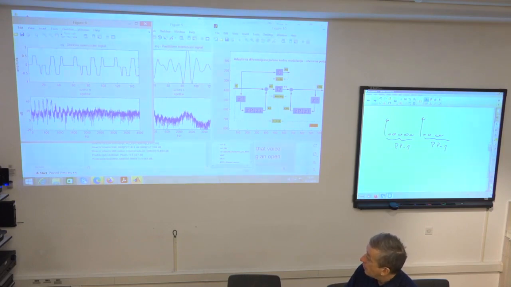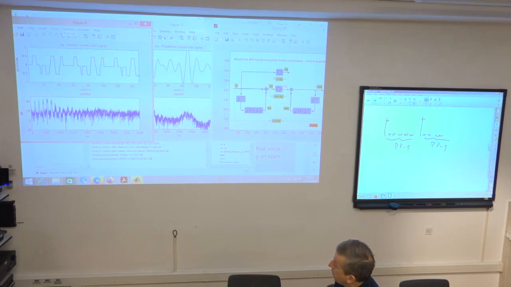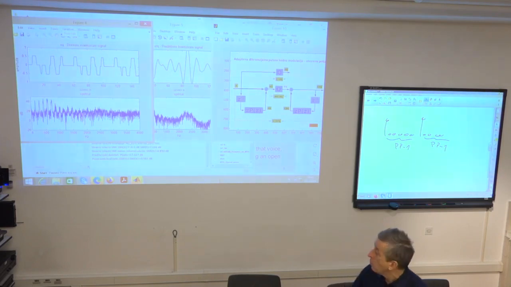Okay? And you can see that in the spectrum, I still observe the first few harmonics that are within the first formant. But practically all other formants, all other harmonics are drowned in the noise. So I actually hear only the intelligible part of speech in the very low frequency region.